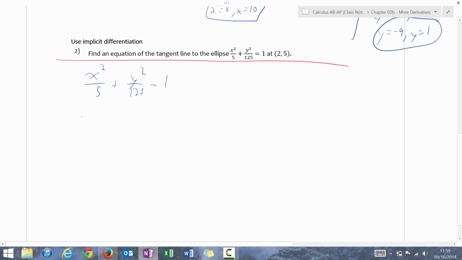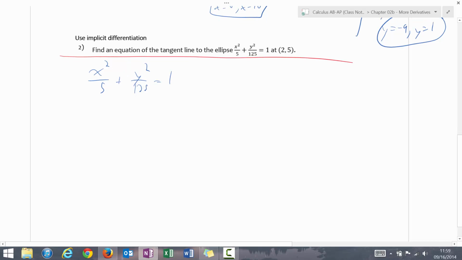Take a derivative of the left and the right sides. Now some people find it helpful to multiply both sides by 125 first. I'm going to go ahead and do that, so I end up with 25x squared plus y squared is equal to 125. So when I take the derivative, I'm not dealing with fractions. That'd be 50x plus 2y y prime equals 0.